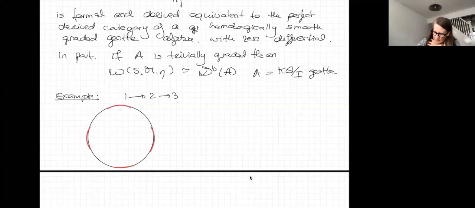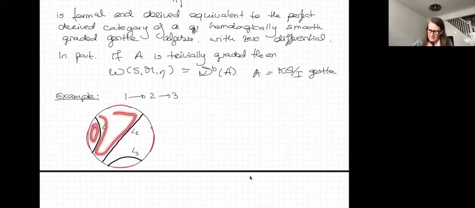But then they choose a set of generators that start and end on the boundary, but not at the marked points. And here I've chosen these. And we can see that the complement is a disjoint union of disks. And I have chosen them in such a way that each of the polygons that it cuts out has exactly one stop on the boundary.